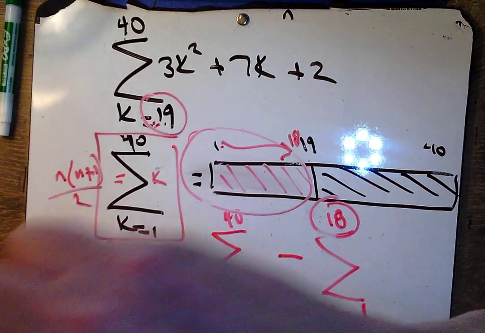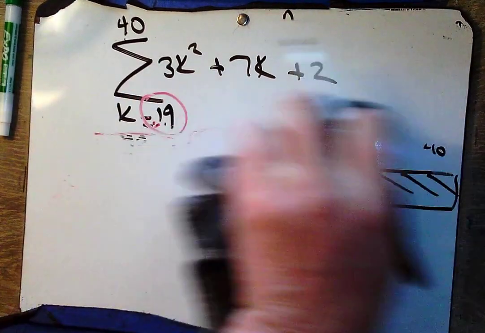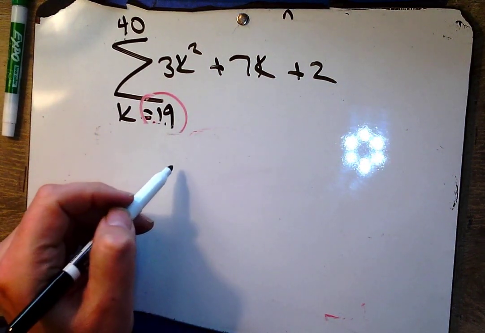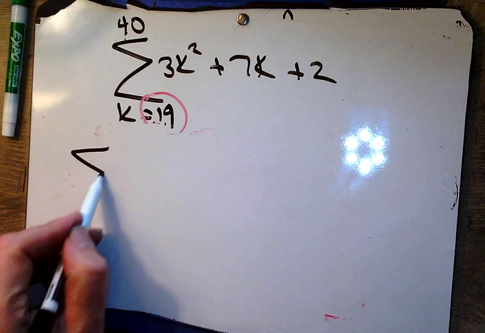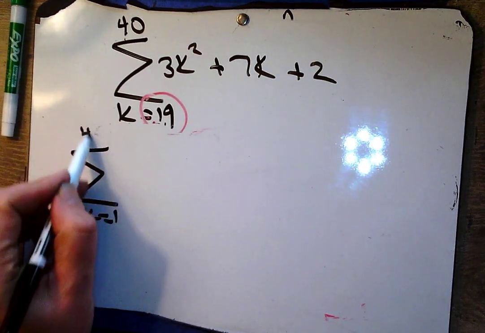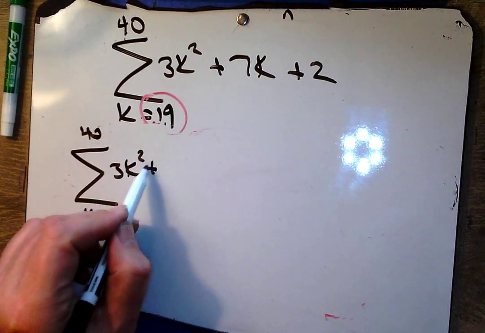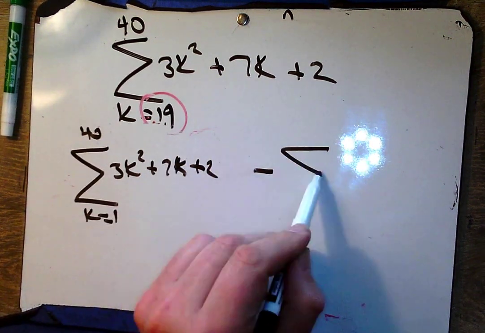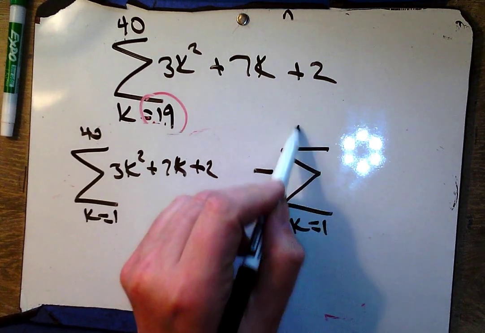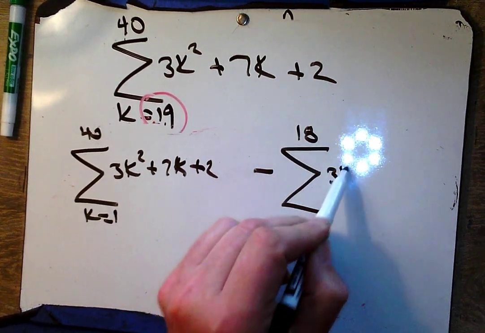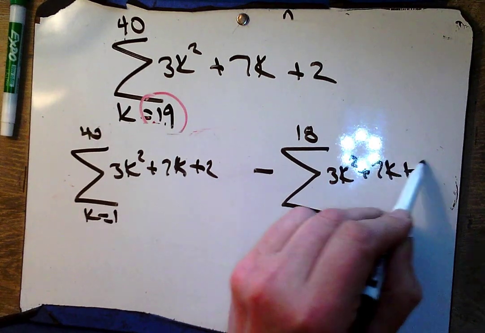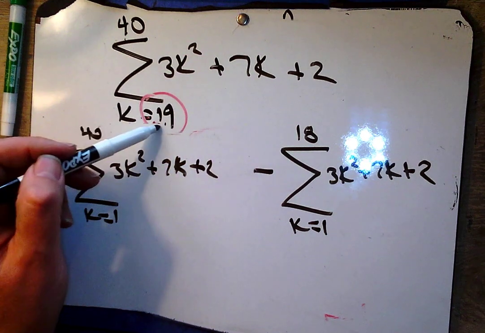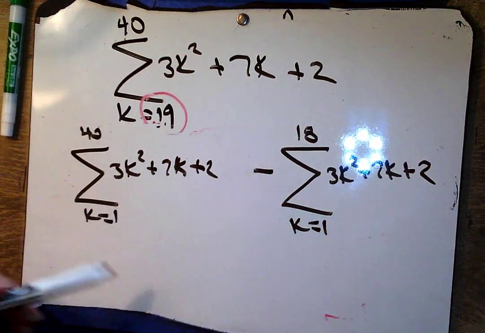So when I look at this sigma, not starting at 1, but starting at 19, the first thing I'm saying is, that's k equals 1 to 40 of 3k squared plus 7k plus 2, minus k equals 1 to 18 of 3k squared plus 7k plus 2. Okay? Whenever this does not start at 1, I'm going to have to split into 2 sigmas.